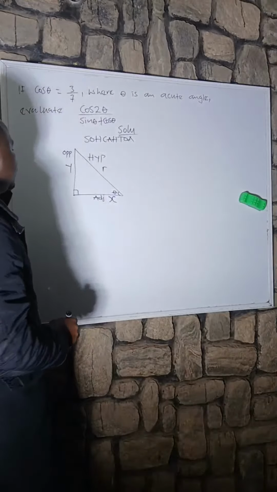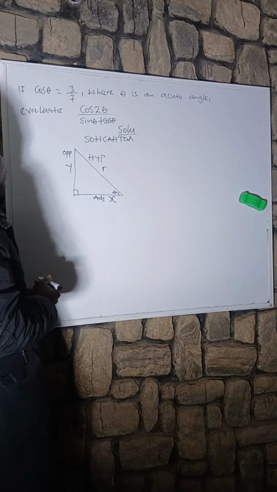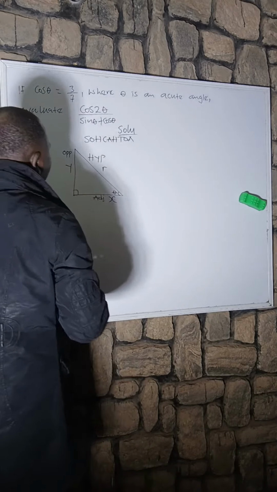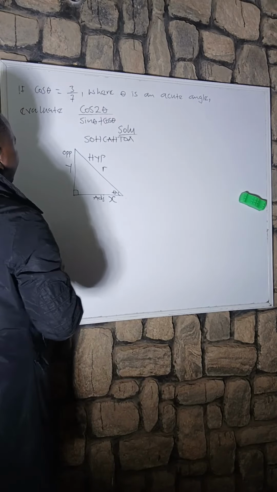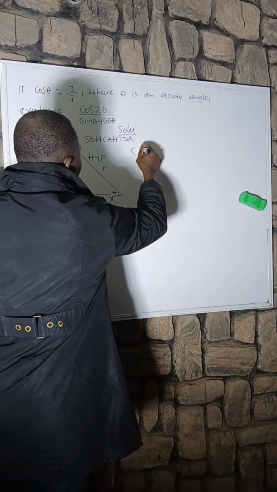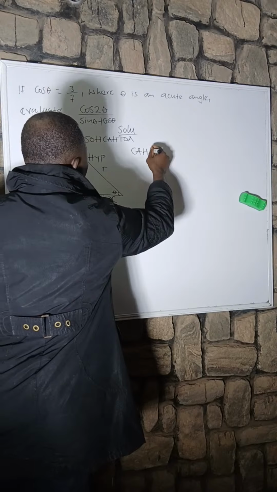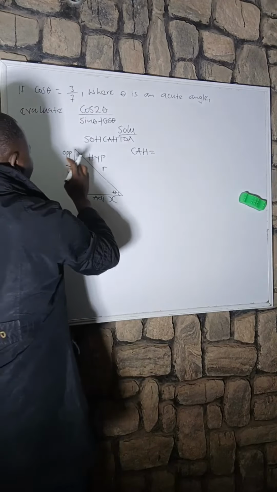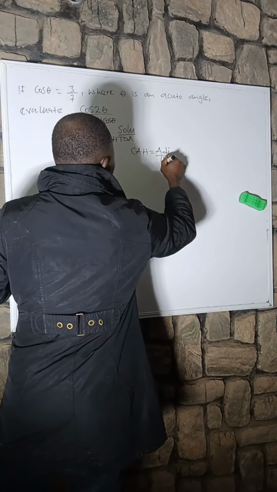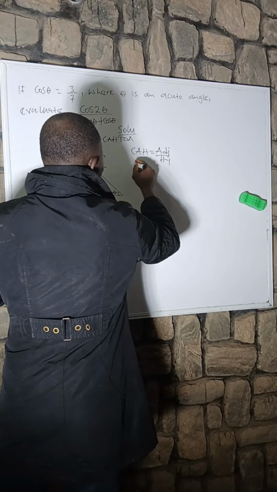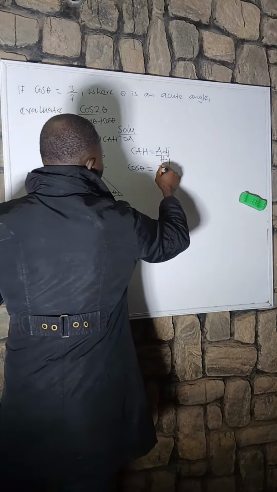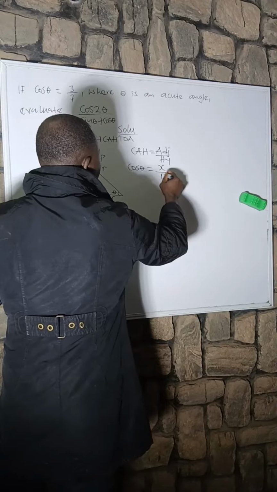So if you can see what I am saying, it's not difficult. Let's define cos. Cos means what? Adjacent over hypotenuse. It means this is cos theta. Adjacent is x all over r.